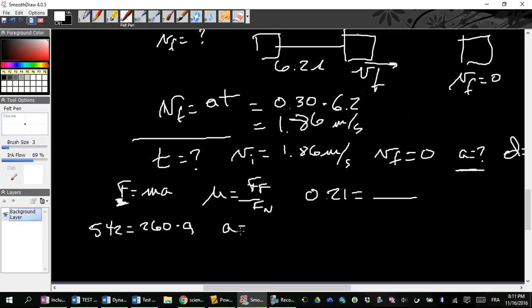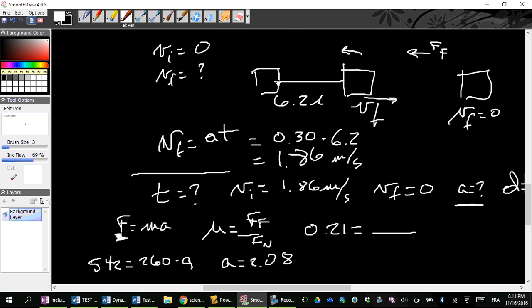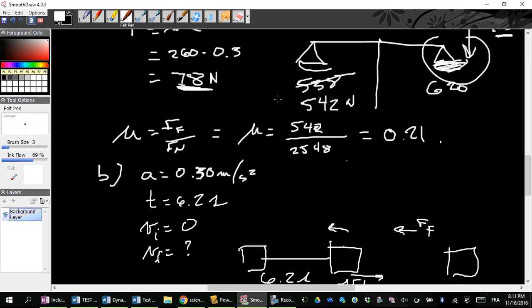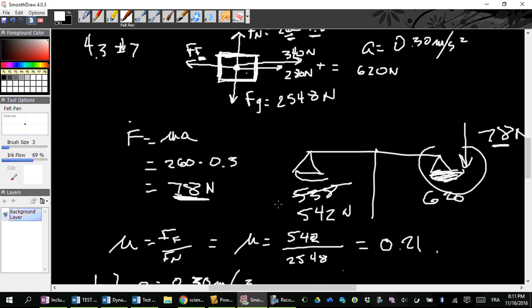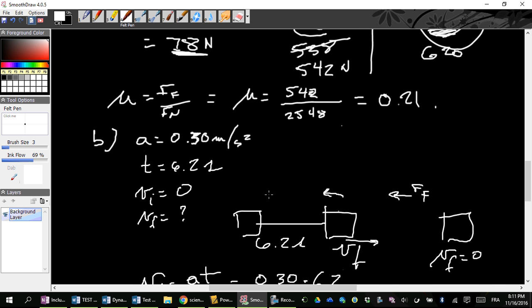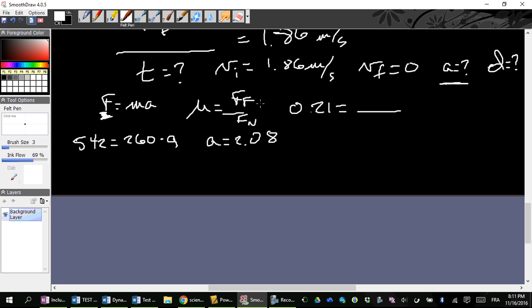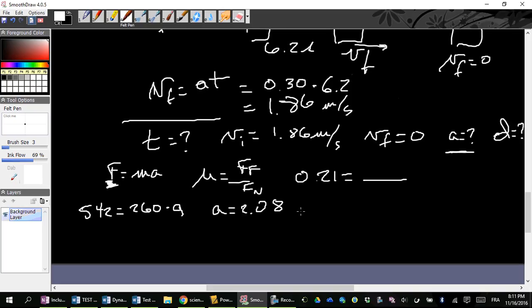Do we have 208 anywhere here? Just go further. Do we have that number anywhere? Okay, so that's very neat. So what it means is the minute they stop pushing, it decelerates really quickly.